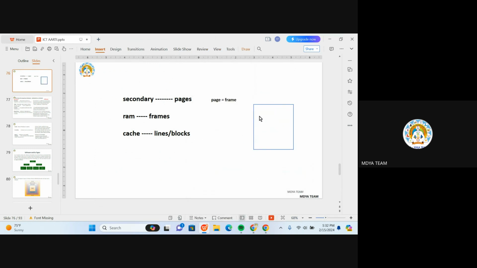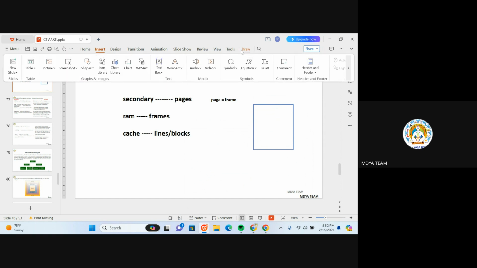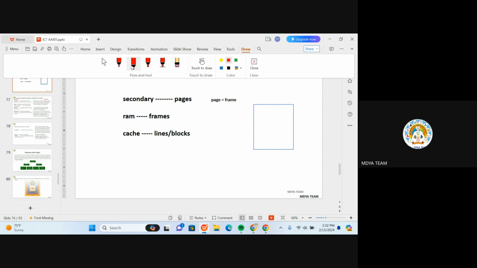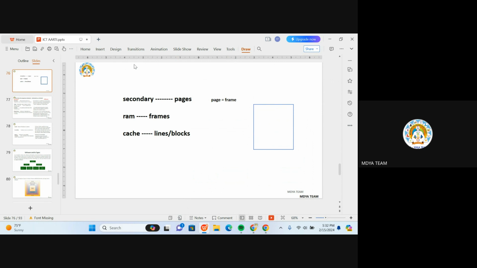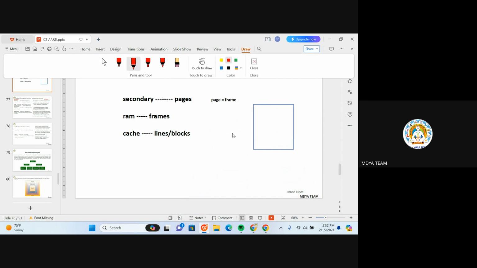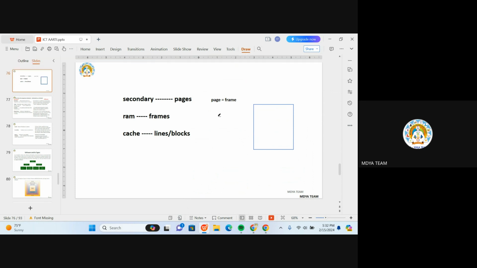So data is stored in the hard disk device. I will show you with the picture. It is like this.